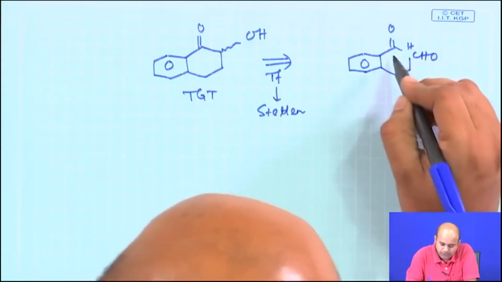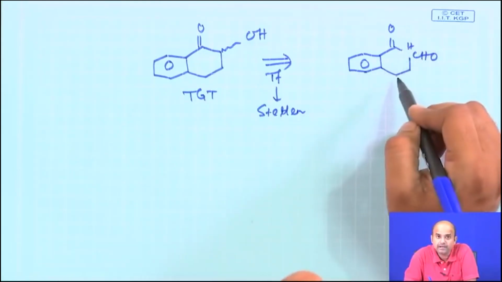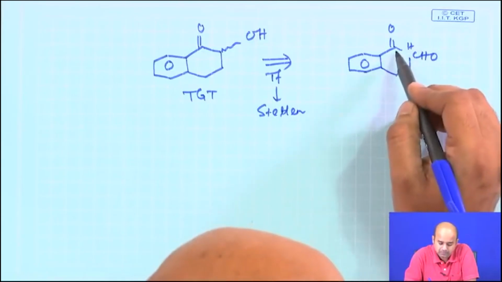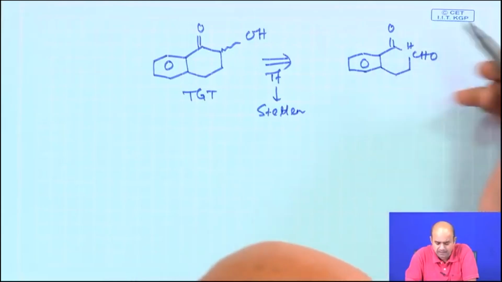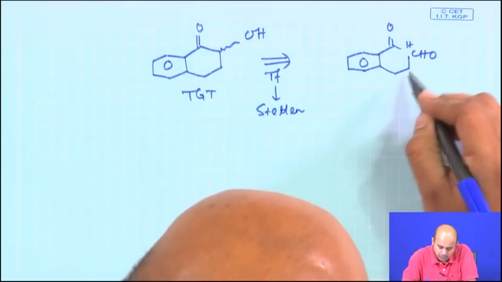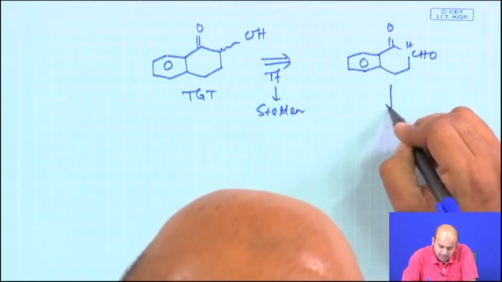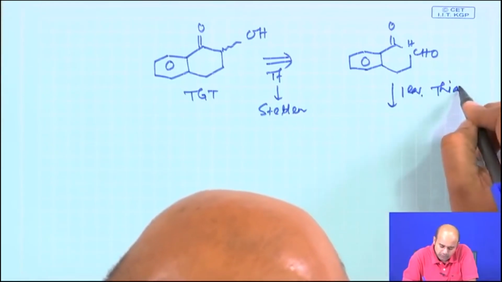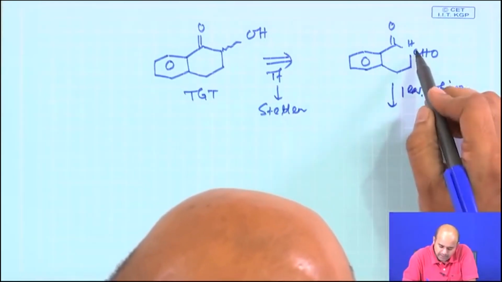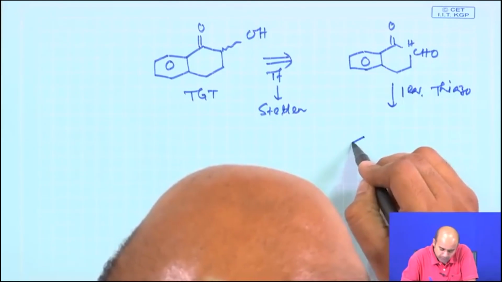So, basically you first have to take this aldehyde and make sure which aldehyde will react. It does not matter if you take this aldehyde as starting material with 1 equivalent of thiazolium salt, then you can generate one of these umpolung species.